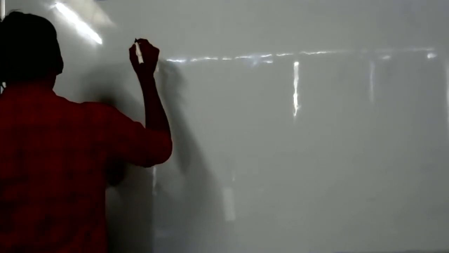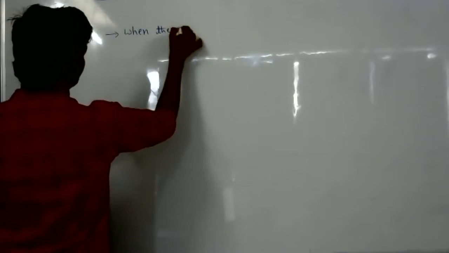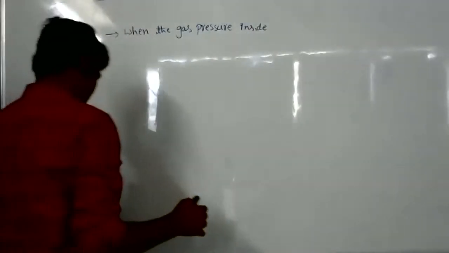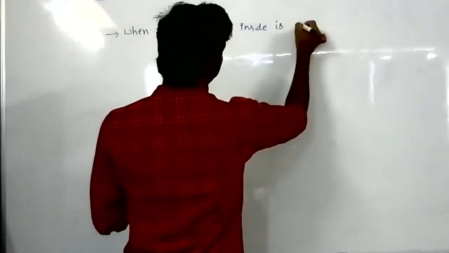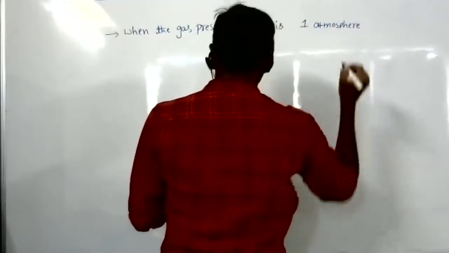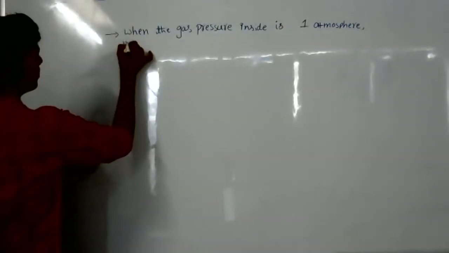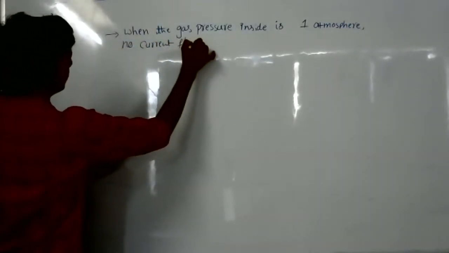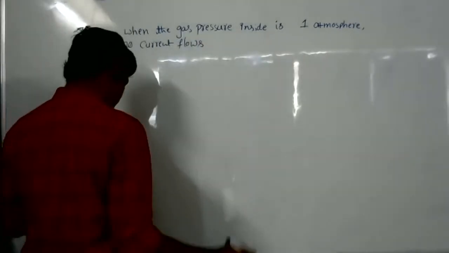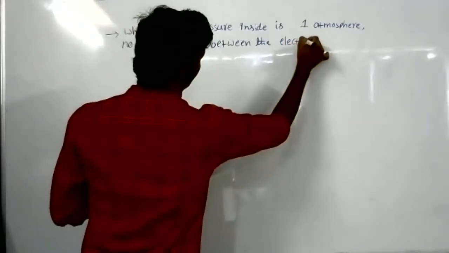When the gas pressure inside is 1 atmosphere, no current flows between the electrodes.